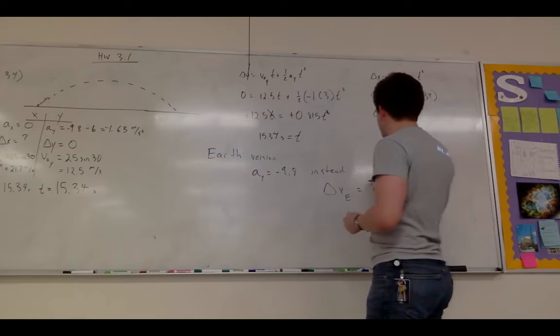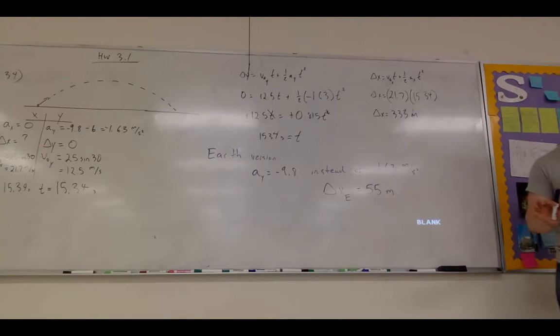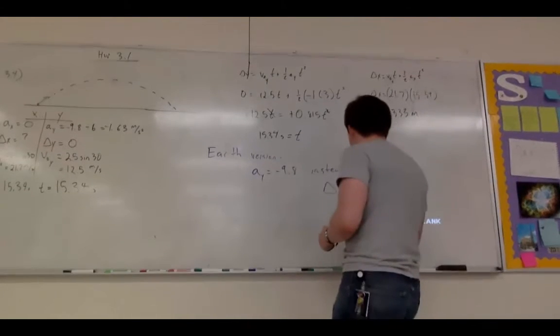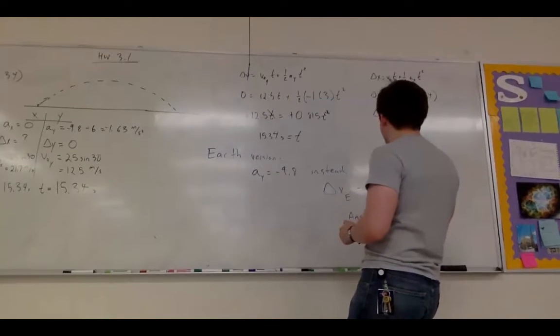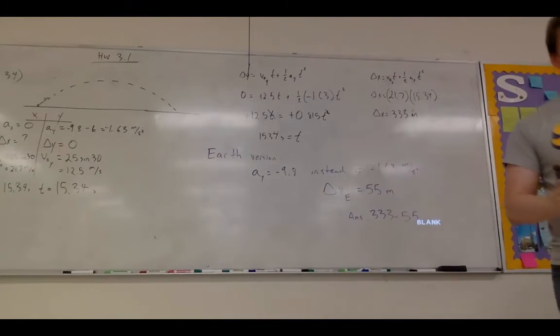Okay, so it goes 55 meters. Are we done solving it yet? No. The question asks what's the difference, correct? So you need to actually find the difference. So your answer is going to be the 333 minus 55. That'll get you some number. I don't care what the number is.